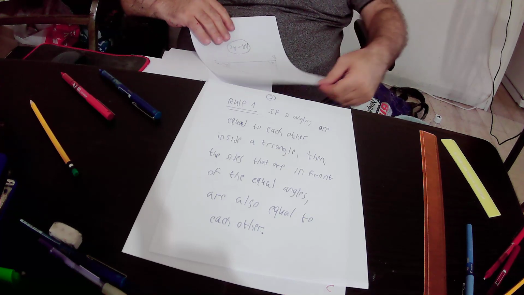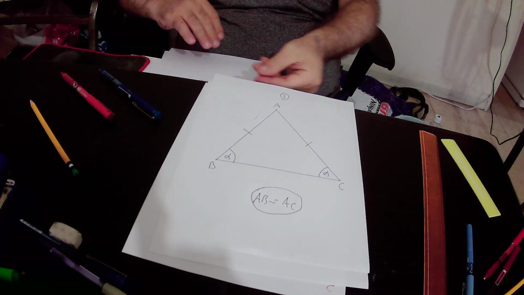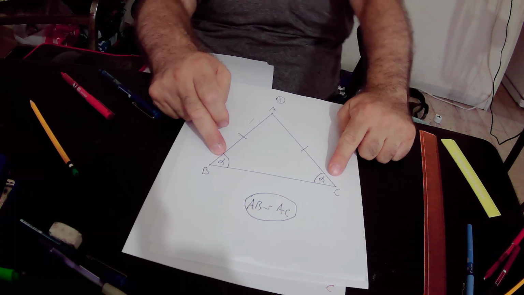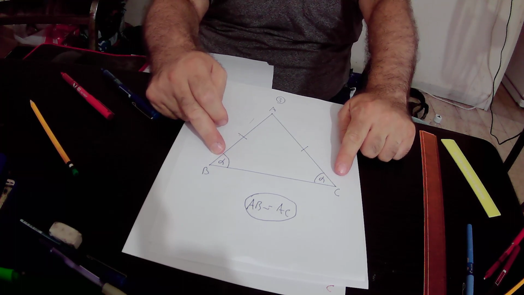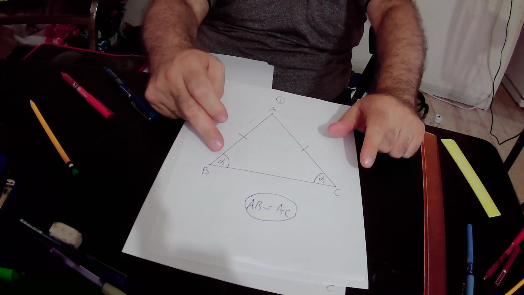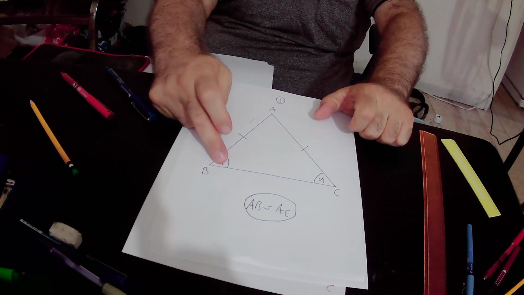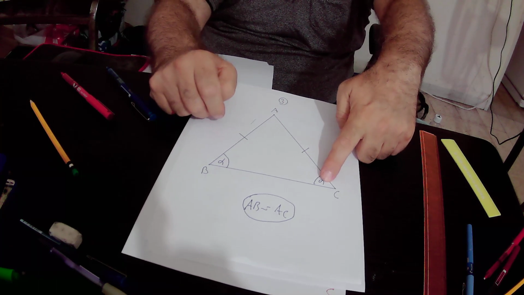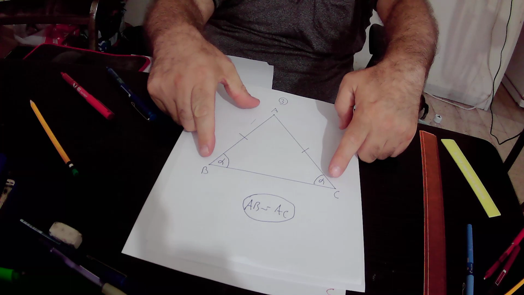So actually, if we have triangle ABC and we know that those two angles are equal to each other, then according to rule number 1, the sides that are in front of those two angles are also equal to each other. The side that is in front of this angle is side AC, and the side that is in front of this angle is AB.